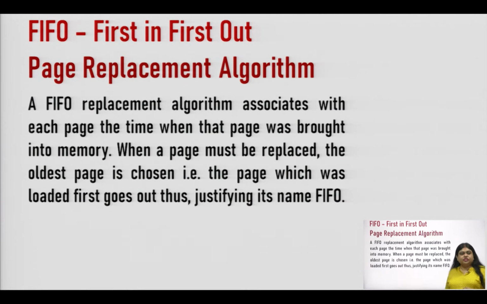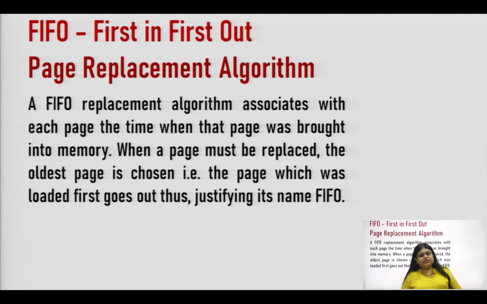Okay. Now, starting with the page replacement algorithms, the first one, as I have already told you, is the first in first out page replacement algorithm. Now, what is a first in first out page replacement algorithm? As the name says, from the name only you can clear it out that the first page which has entered the main memory, that means the oldest page, will be replaced first.